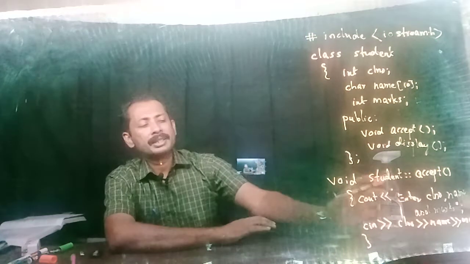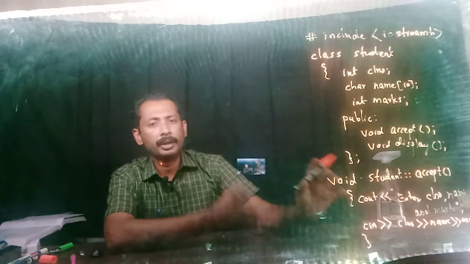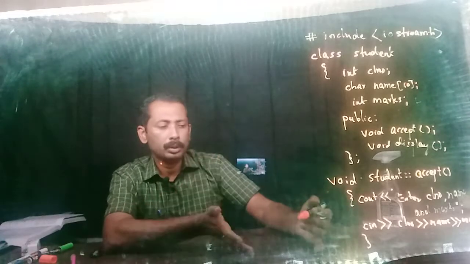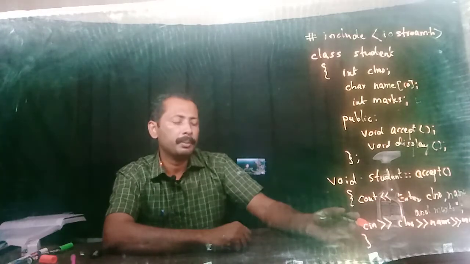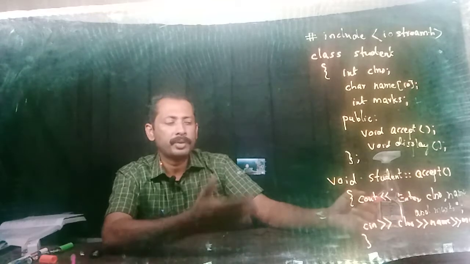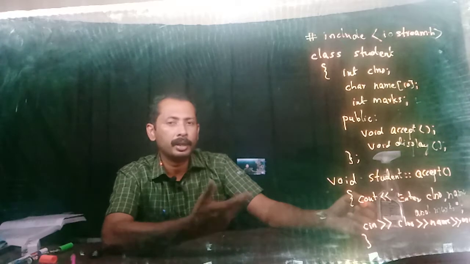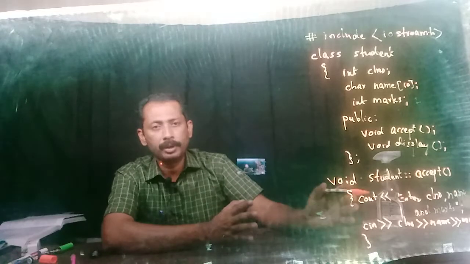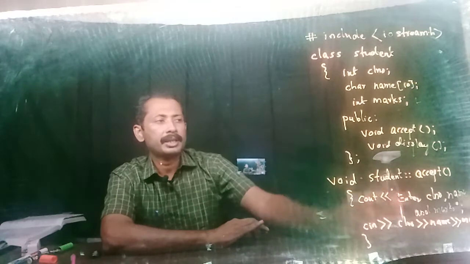So this function accept shows a message, enter class number, name and marks. Then it accepts values using cin. So we can enter values now. First we have to give a number, then a string, and then again a number. They can be given using spaces in between or enter in between. So this is the body of the function accept.